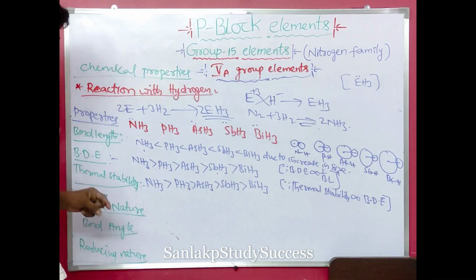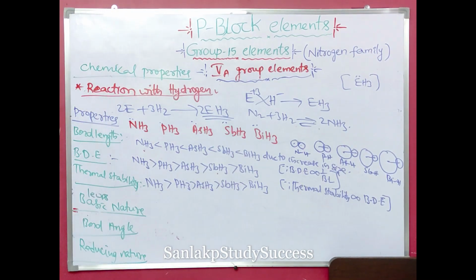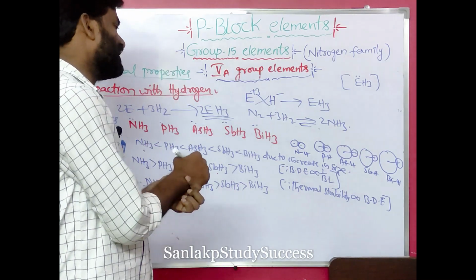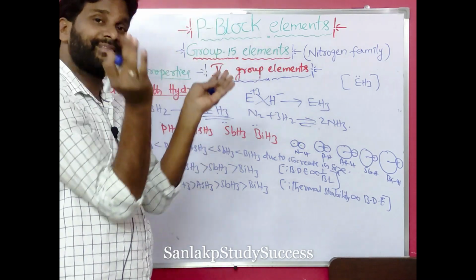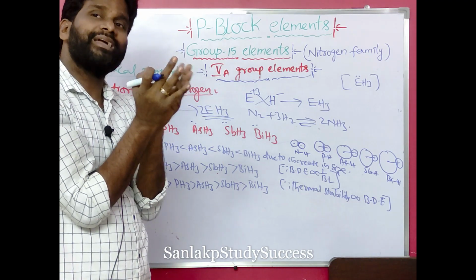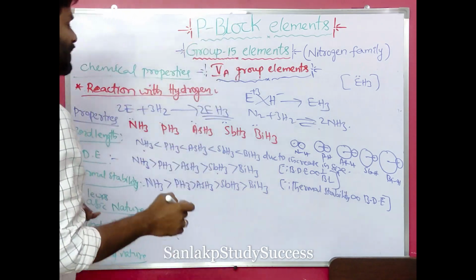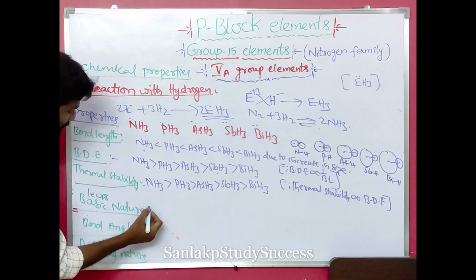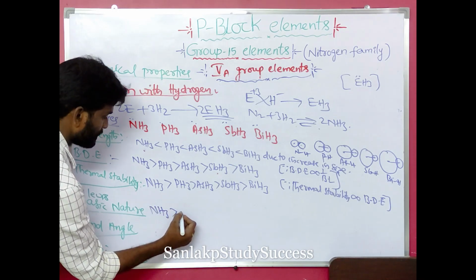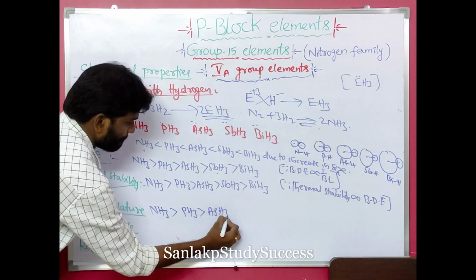So according to this, NH3 is the stronger base because the lone pair is present on a small atom, but in BiH3 the lone pair is present on a large atomic size. A lone pair on a small atom means high electron density, which is readily donated to others. So NH3 is the stronger Lewis base. This is the order.